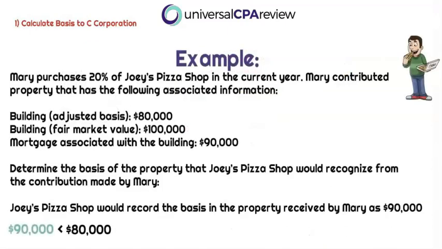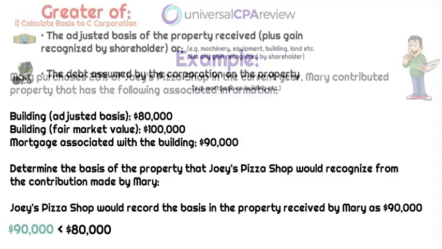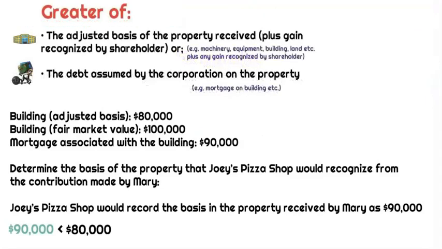Mary purchases 20% of Joey's Pizza Shop in the current year. What did Mary contribute? She contributed property, no surprise. She contributed a building that had an adjusted basis of $80,000, a fair market value of $100,000, and a mortgage associated with the building in the amount of $90,000. It's going to ask us one of three questions. This question is asking us to determine the basis of the property that Joey's Pizza Shop would recognize upon the contribution made by Mary.